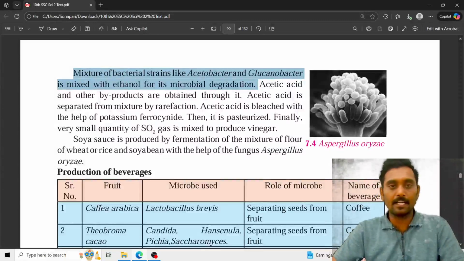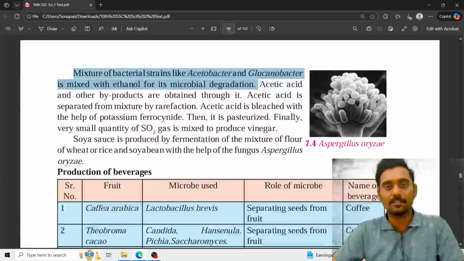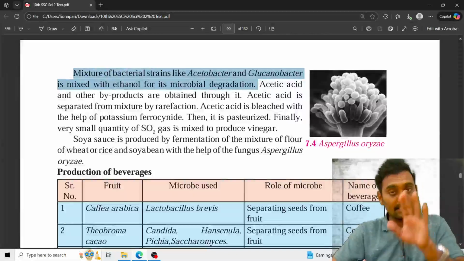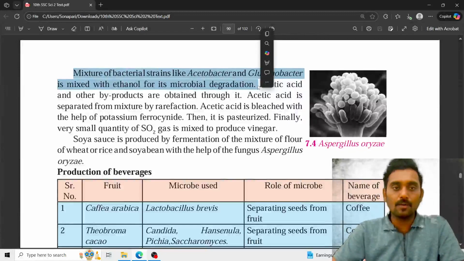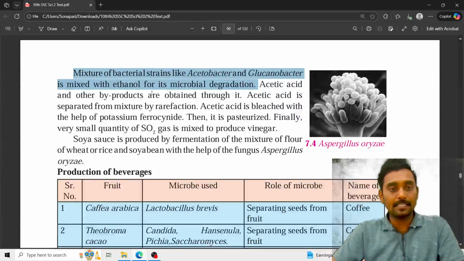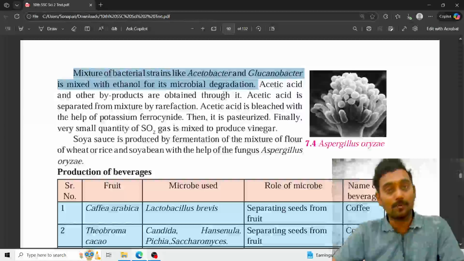Some bacterial strains are introduced, like Acetobacter and Gluconobacter, and mixed with the ethanol. So acetic acid and other byproducts are obtained through it. What is produced when the microbial degradation is done? The acetic acid and some byproducts are also formed.